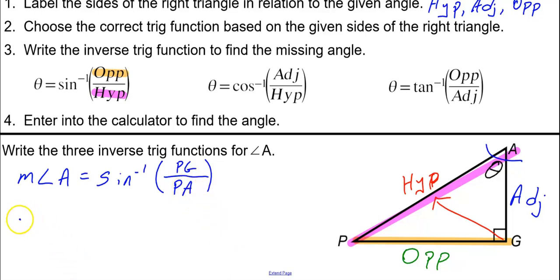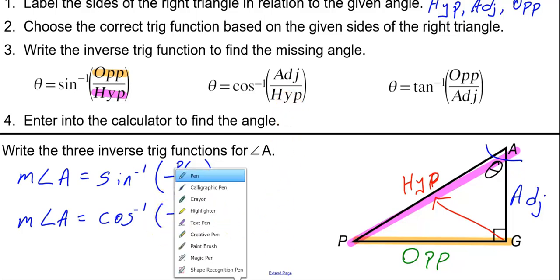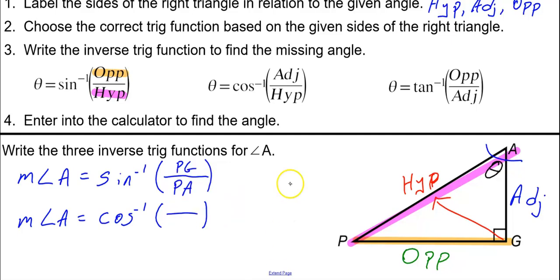Or I could find the measure of angle A by using inverse cosine. Cosine says I am going to do adjacent. Here's my adjacent side over hypotenuse. So my adjacent side is AG long. It's the length of AG.